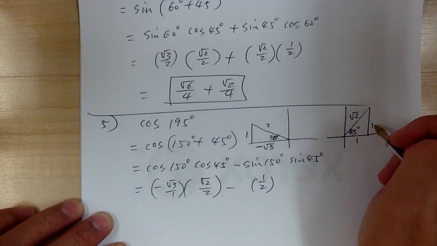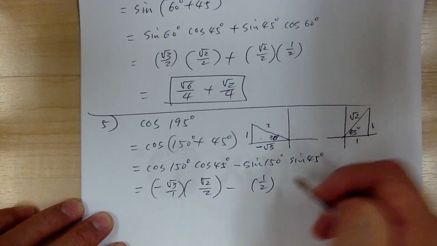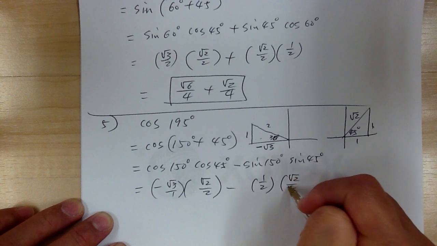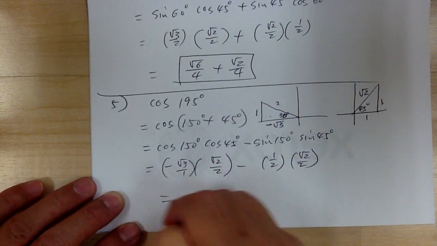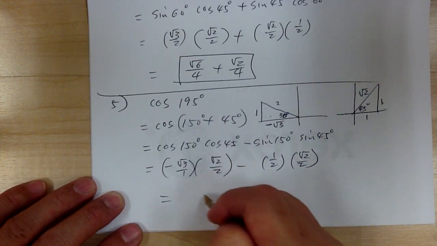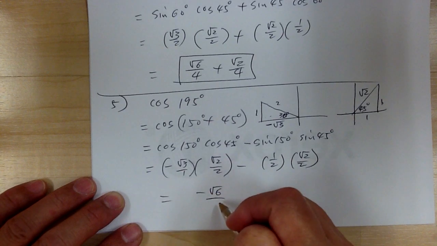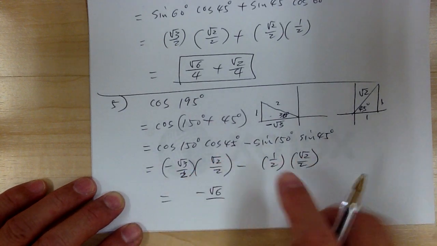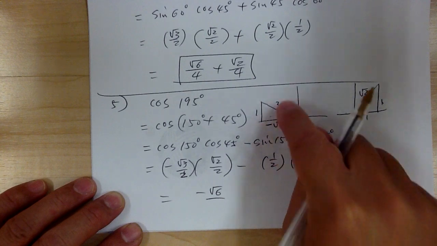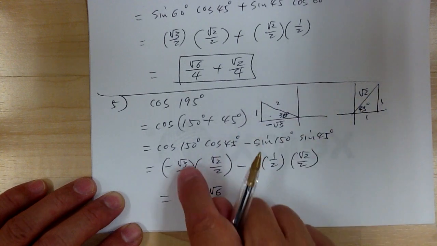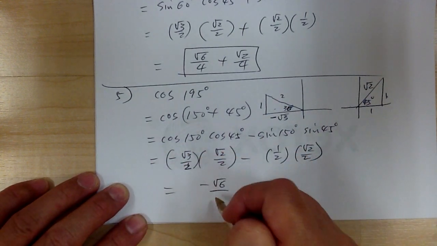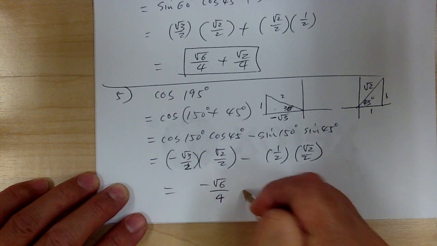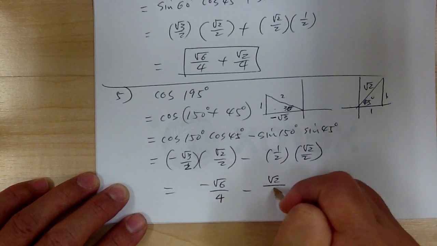And sine 45 is this over there, and when you simplify, you get square root of 2 over 2. And when you work it out, you're going to get negative square root of 6 over, oh wait, this is 2. Cosine is this over that, so it's square root 3 over 2. So when you multiply, you get negative square root 6 over 4 minus square root of 2 over 4.